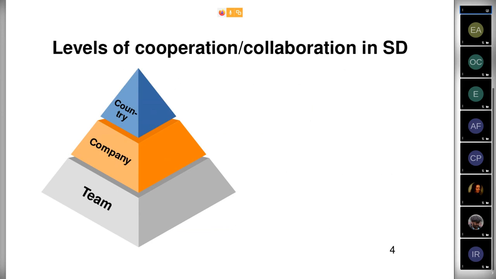The second main idea of the first part of this presentation was that cooperation and collaboration in software development is organized in three levels. At the base is the team, then the middle level, which is the company, and the top level is precisely the country level.